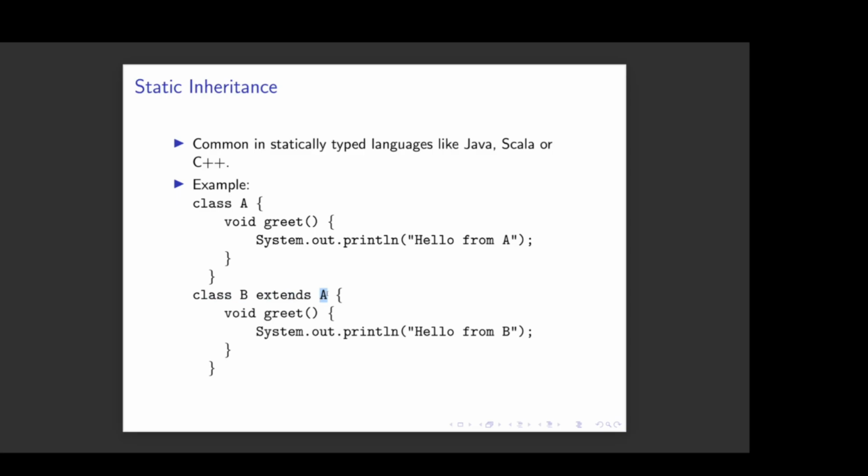You might have a little bit of flexibility if you have generics, so you might have class with arguments, but essentially you have to write the name of the class plus the type arguments. Because you write this name of the class, that means that what you're extending is statically known. So you're extending exactly this class A here. Nothing else. That's what we mean by static inheritance.